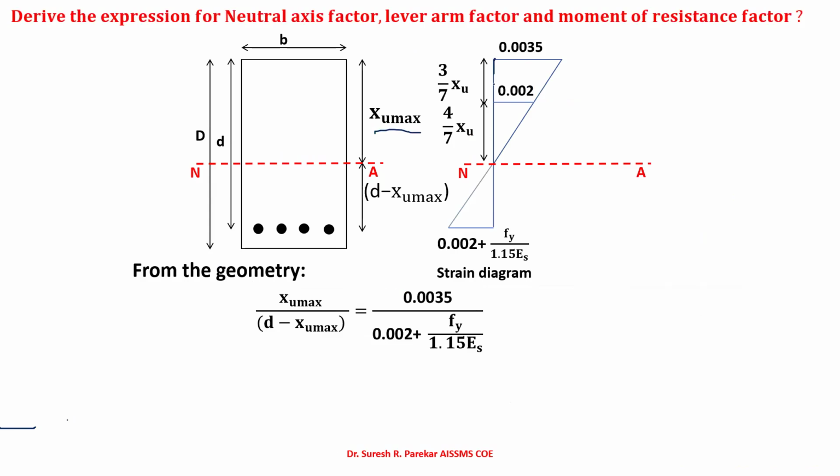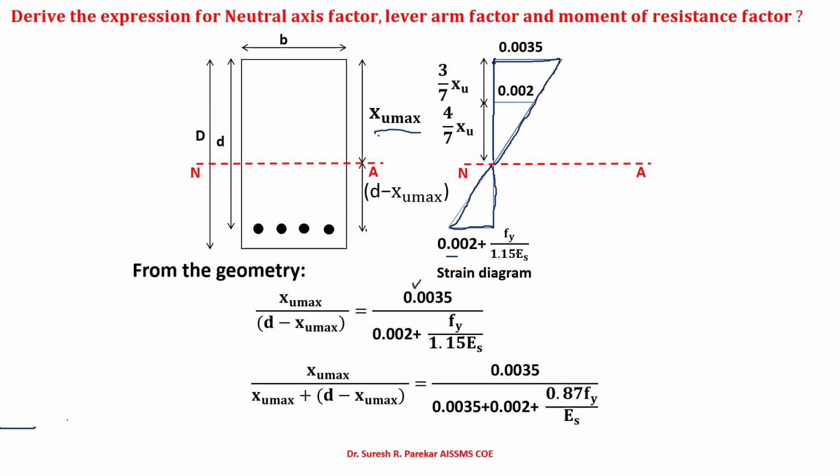We are considering these two triangles. This is first triangle, and then we have this will be my second triangle. So first triangle we have xu max, corresponding to this we have 0.0035. Second triangle we have d minus xu max, corresponding to this we have 0.002 plus fy upon 1.15 Es.